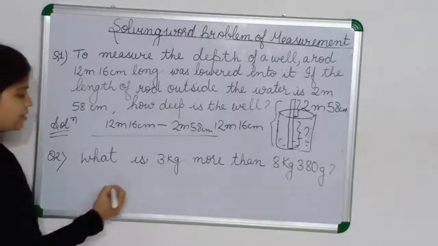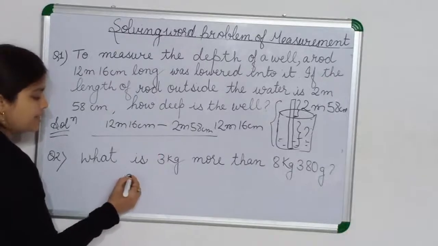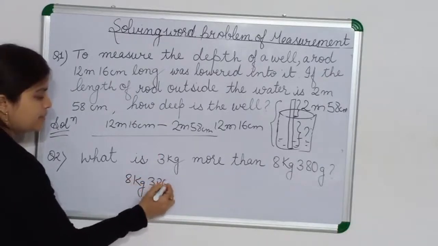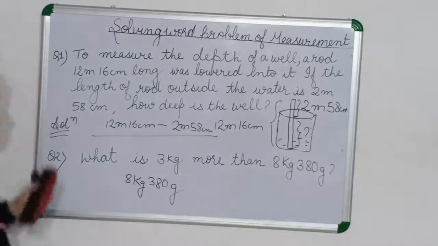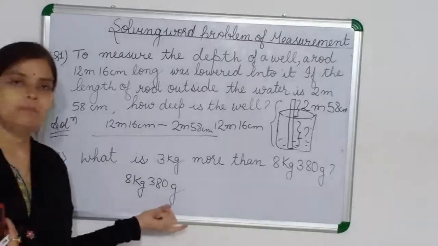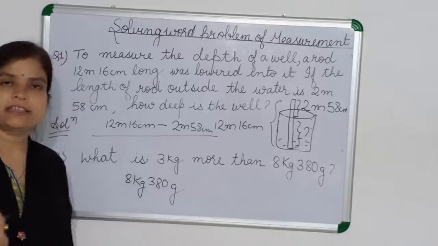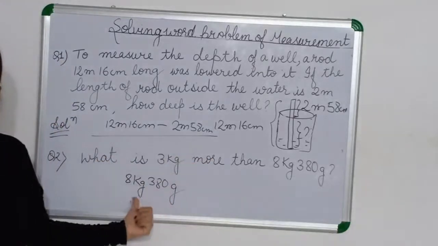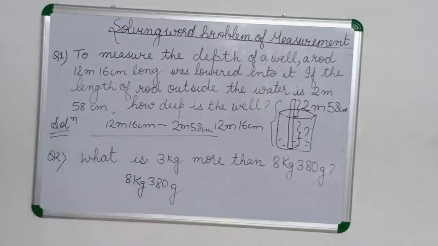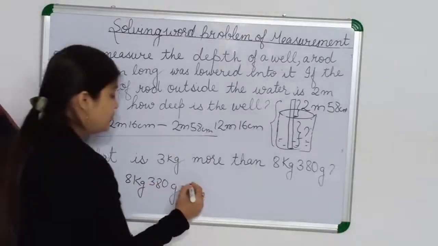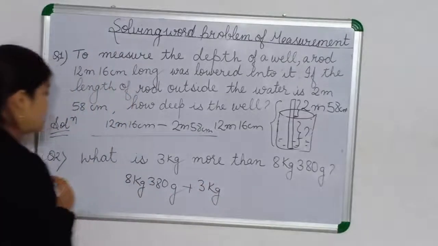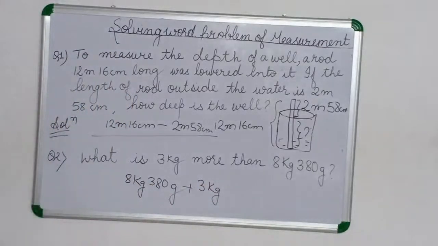Means the weight is given 8 kg 380 gram. Okay. Maybe the weight of your brother is 8 kg 380 gram. Now your weight is 3 kg more than your brother's weight. More than means we have to add here. We will add 3 kg. Then what we get, that will be the answer. Okay. So you can relate it like that.